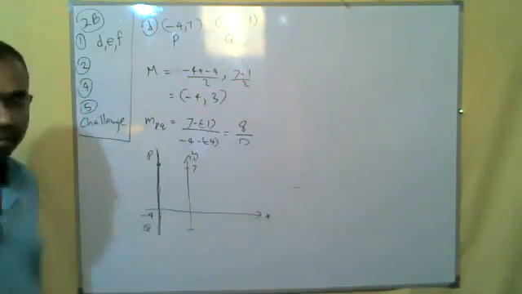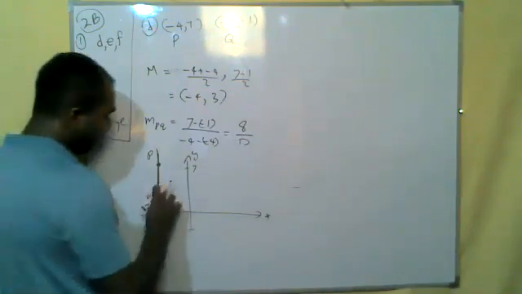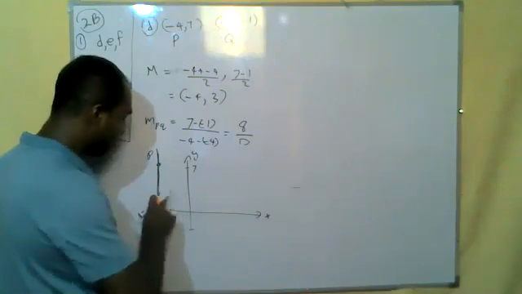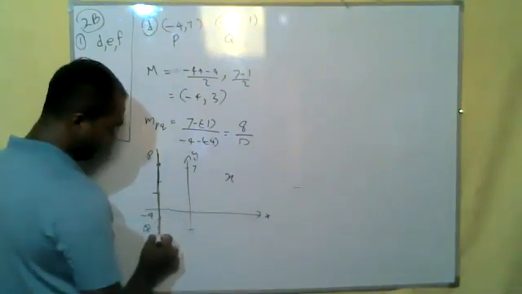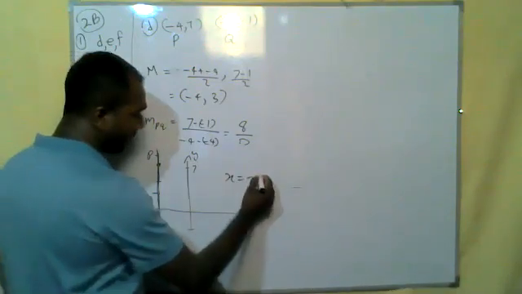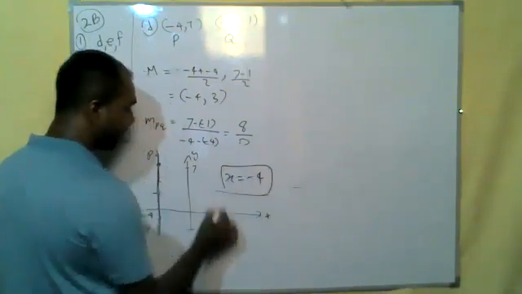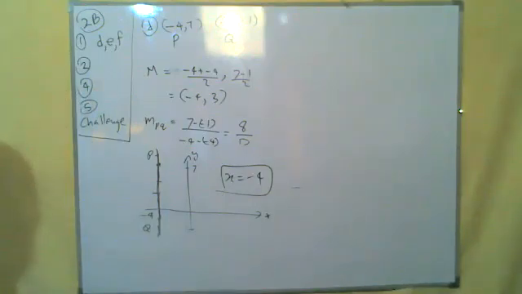Infinite is not a number. But how we write the equation is, at any point of this line, what is the x value? It's going to be -4. So we write just using x only: x equals -4.